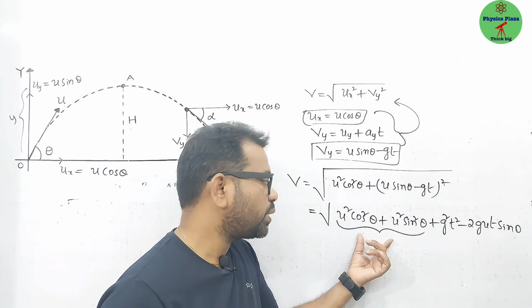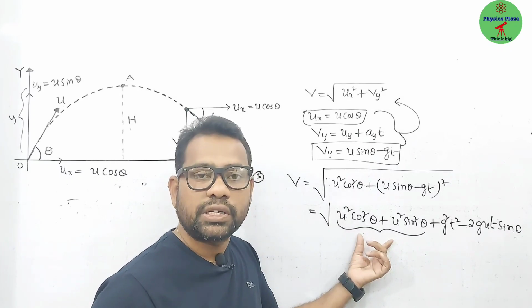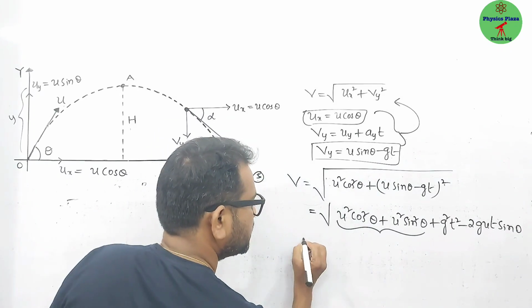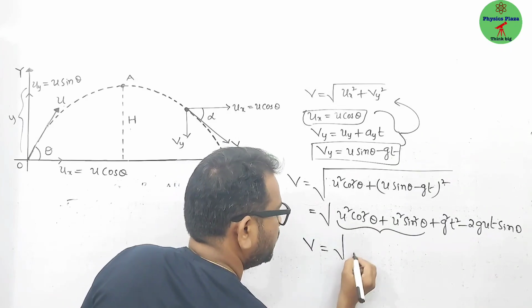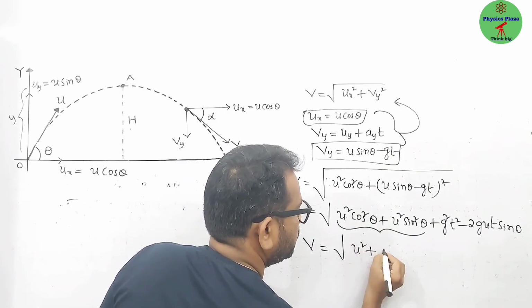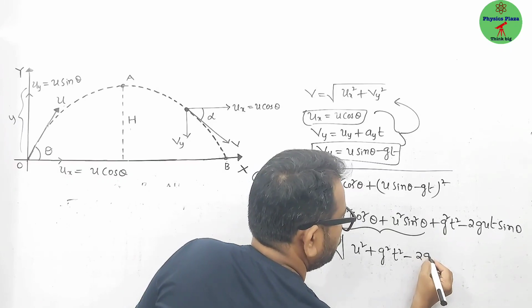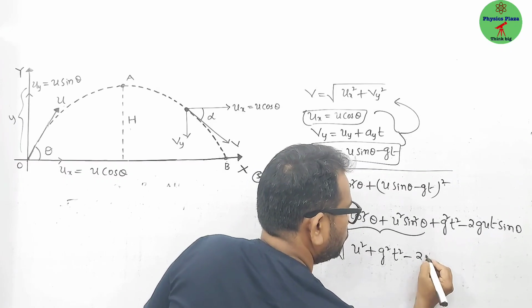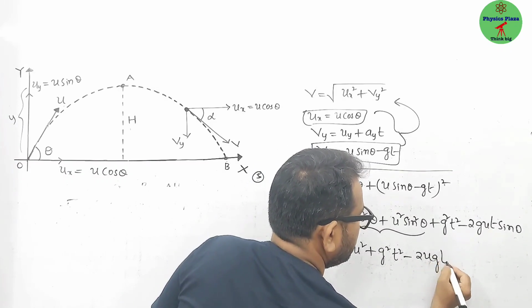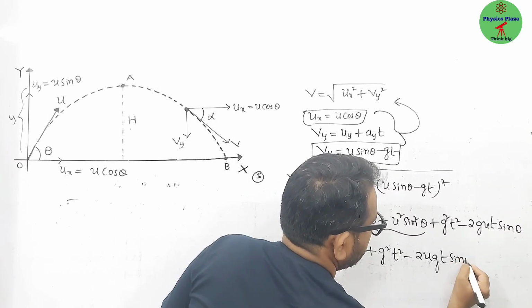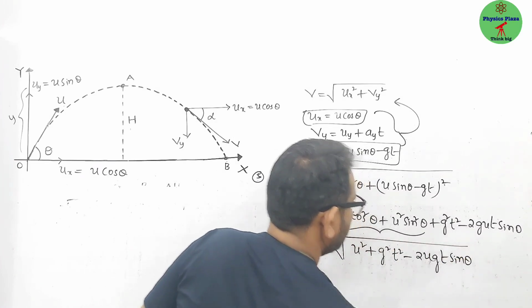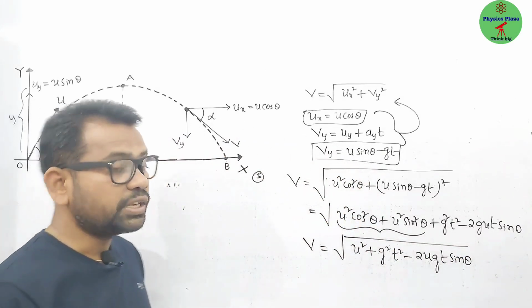When you take u square common, sin square theta plus cos square theta, its value is 1, right? So this can be written as the square root of u square plus g square t square minus 2 u g t sin theta. So this is the instantaneous velocity.